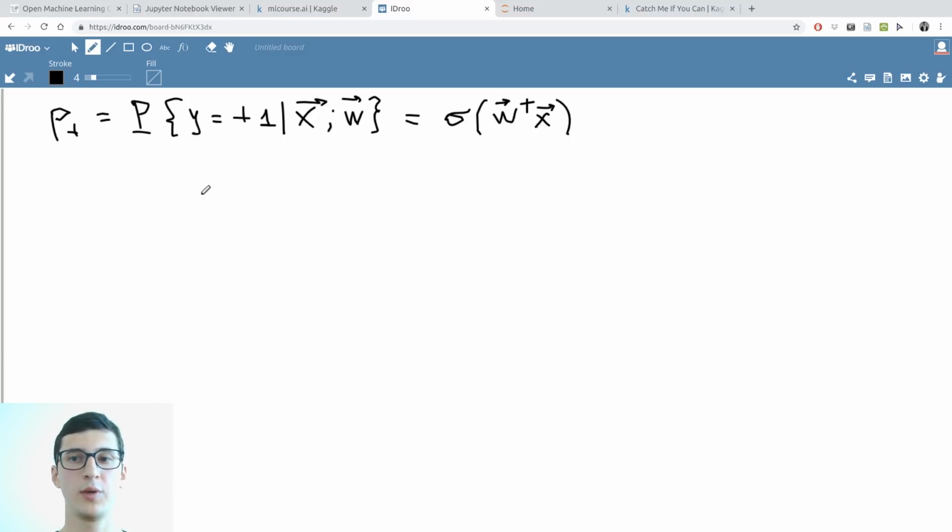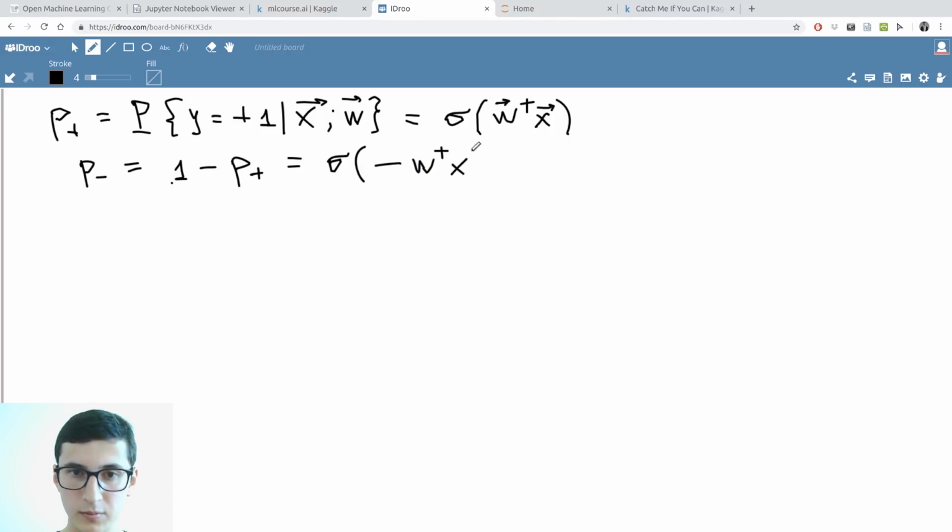So that means that P minus is estimated as 1 minus P plus, so 1 minus the sigmoid. After some transformations, this will be the sigmoid of minus W transposed x. And that's why we stick to y's as +1s and -1s.